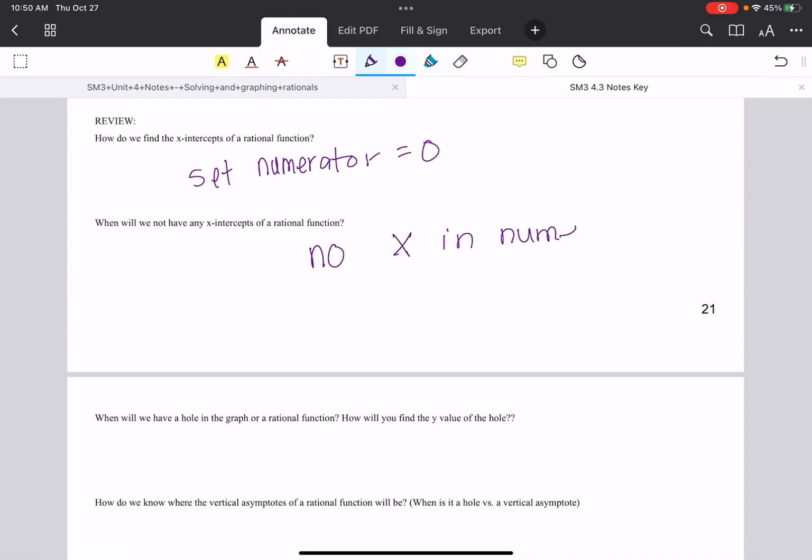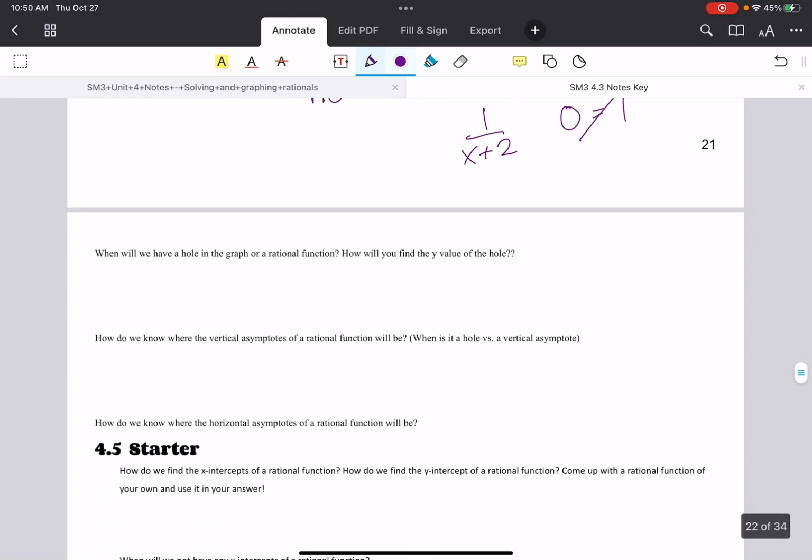When there are no x's in the numerator. So for example, 1 over x plus 2 has no x-intercepts because 0 equals 1 is not true. Okay, when will we have a hole in a graph?